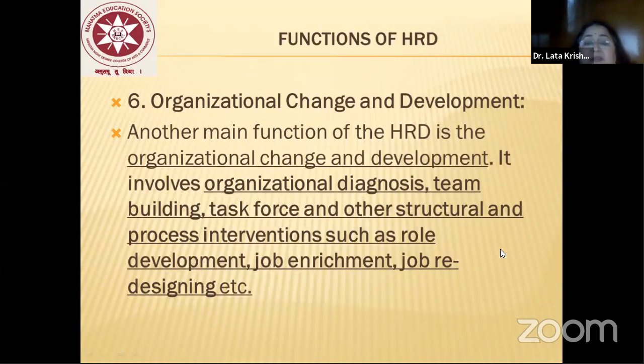An organization has to face change, and whenever there is change, you can either go down with that change or go ahead with it. If the HRD is doing well, they will be able to face the challenges and find ways to come out of those problems. They will adapt to those challenges and then there will be development.